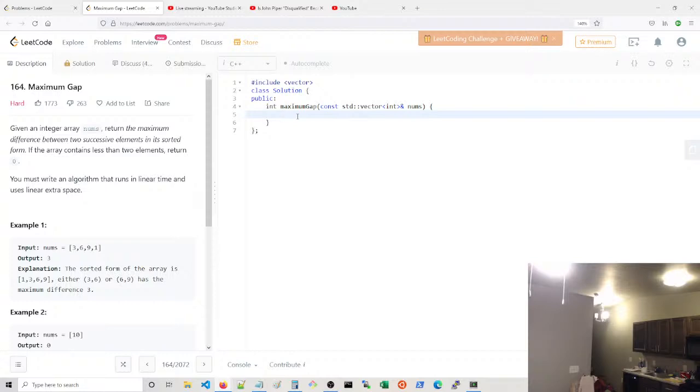So of all the other numbers, when you take this difference, the negative values we don't care about. The positive values are the ones we care about. It's going to be the smallest positive value.